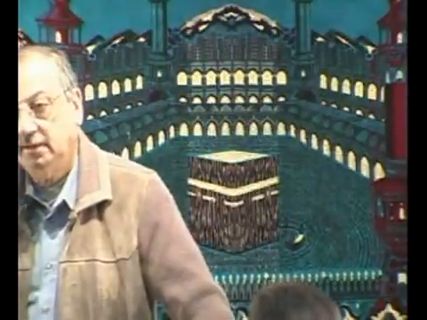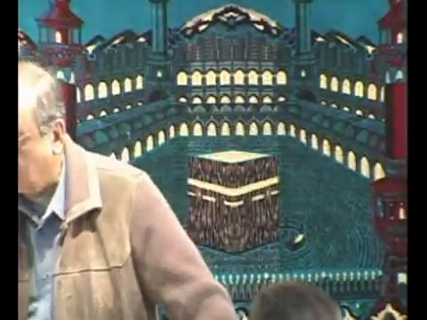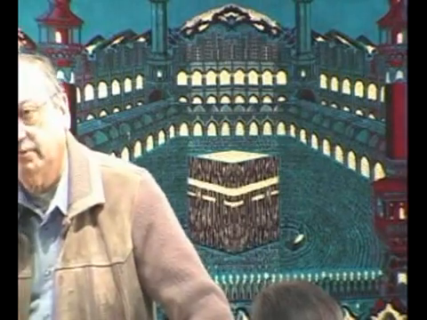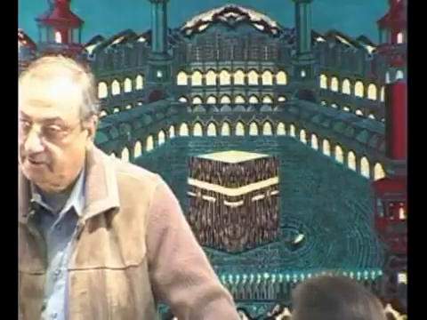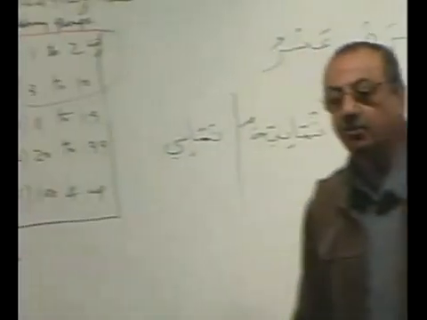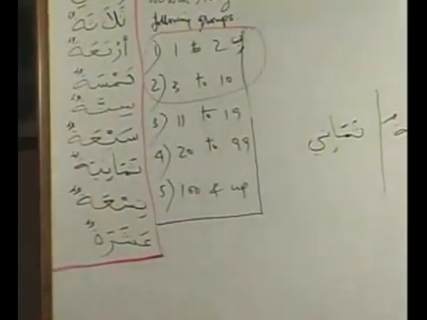Very good. Again I repeat the rule. The ma'dud is always jama when we are counting from 3 to 10, only from 3 to 10. In this rule, remember we are only doing this much today.